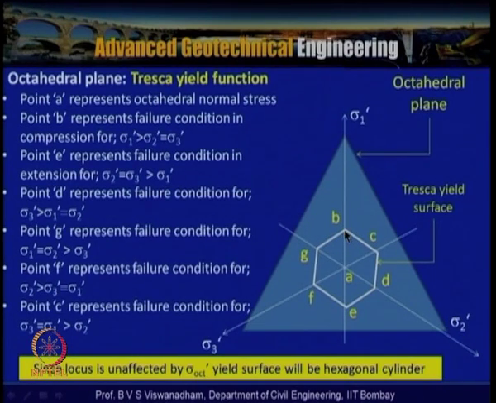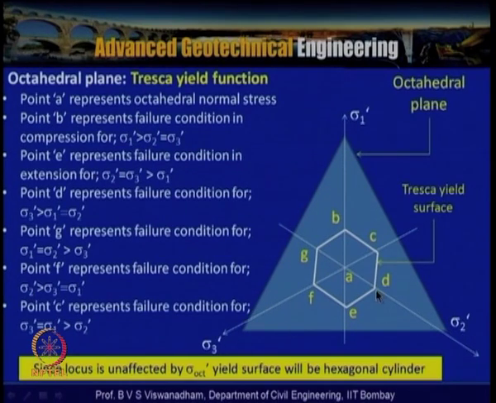Similarly, point E represents failure conditions in extension, where sigma 2 equals sigma 3 and sigma 3 is greater than sigma 1.